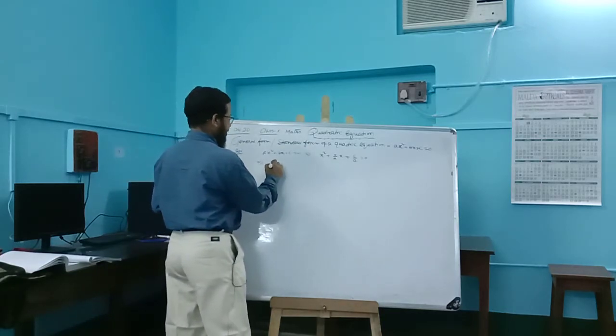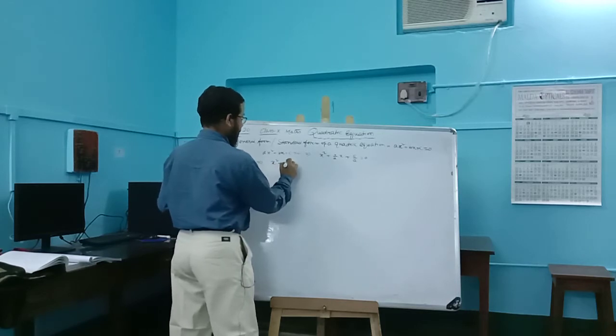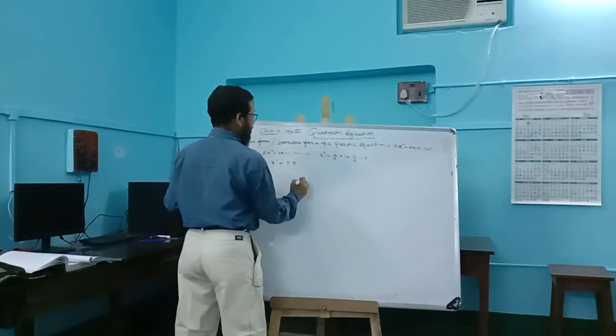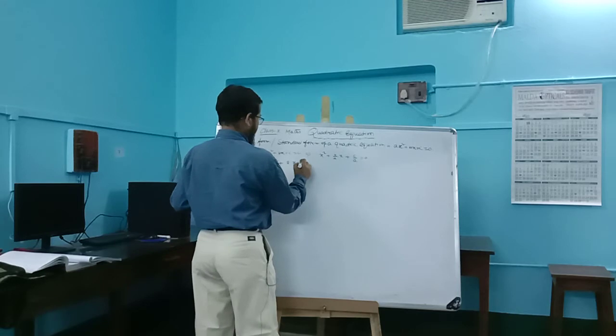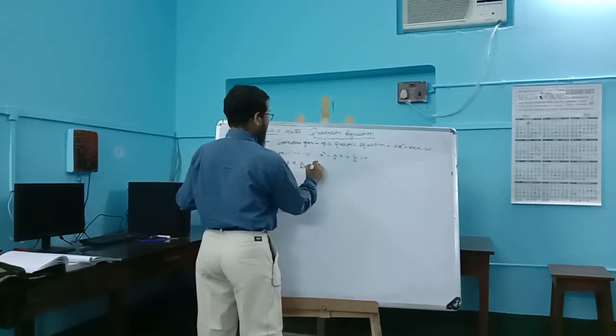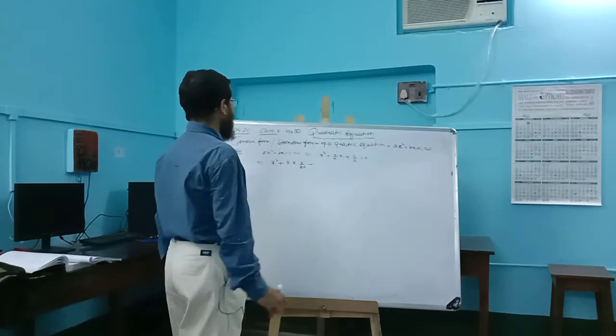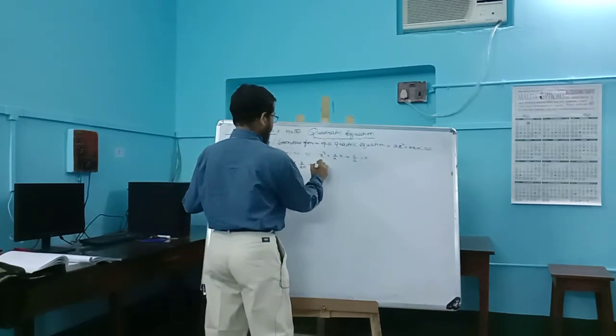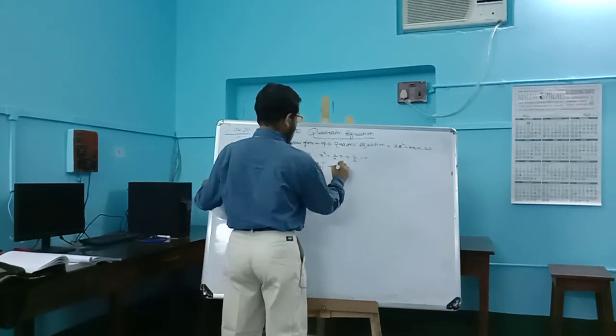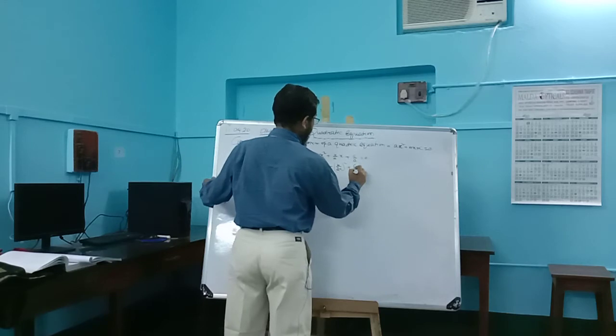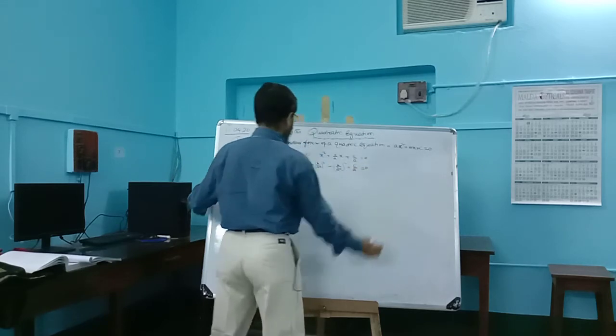This implies x square plus 2 into x into b by 2a plus b by 2a whole square minus b by 2a whole square plus c by a equal to 0.